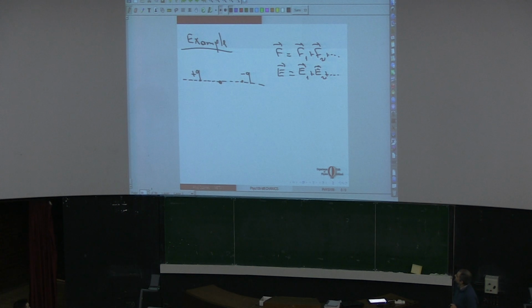Well, why do you think it is 0? It's not, okay. So what is the electric field created by this positive charge? It's in that direction, towards the right. What is the electric field created by this negative charge? Negative charge. It's still in that direction.